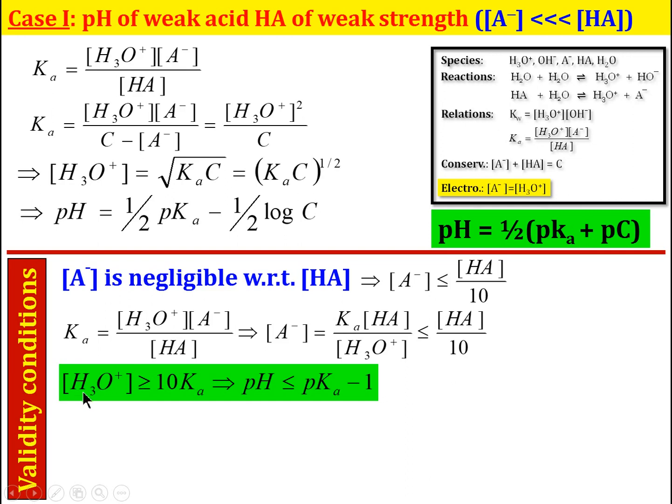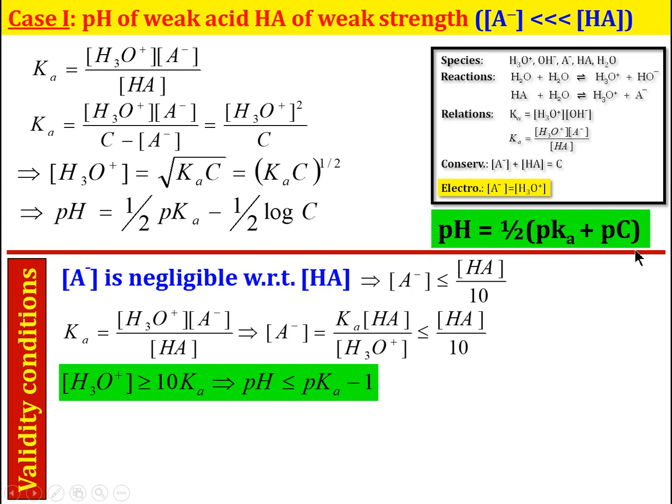That means the H3O plus concentration is greater than or equal to 10 Ka. If you take the log, you obtain pH less than or equal to pKa minus 1.